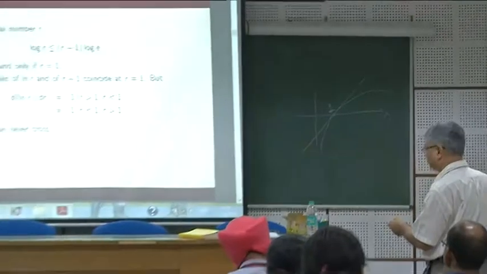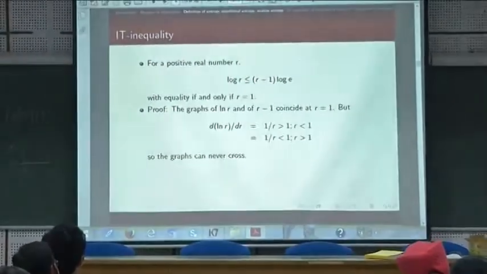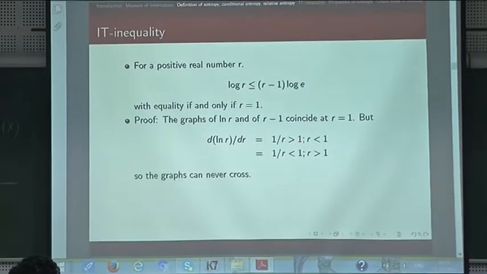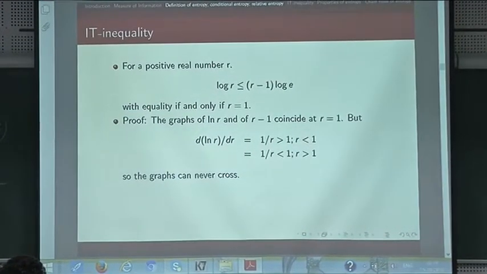Proof is also not very difficult. If I differentiate this, I get 1 by r. This 1 by r is greater than 1 whenever r is less than 1. It is less than 1 whenever r is greater than 1. So, the graphs can never cross. Why can the graphs never cross? Because the straight line is r minus 1. At one time its slope is more, but that is before it meets.